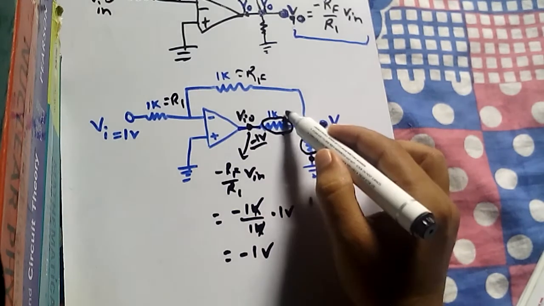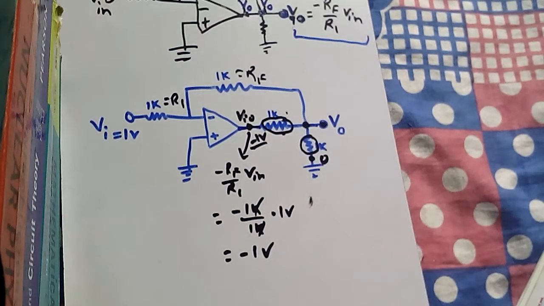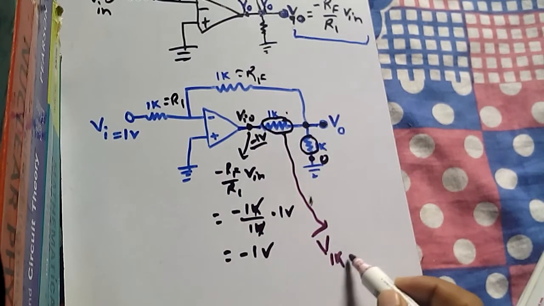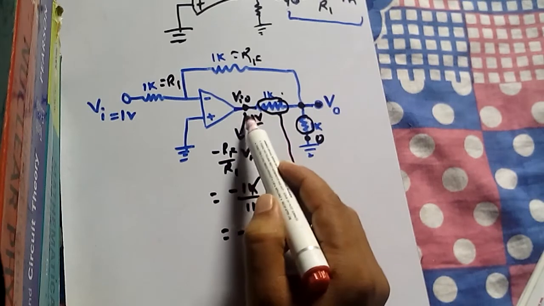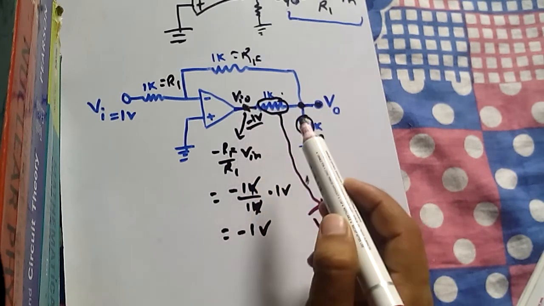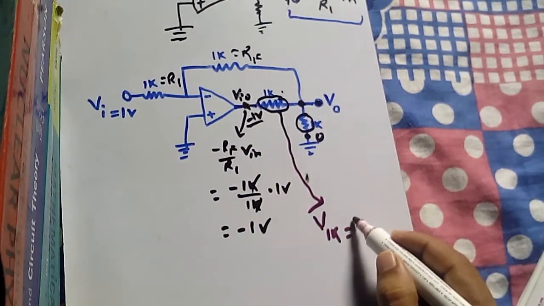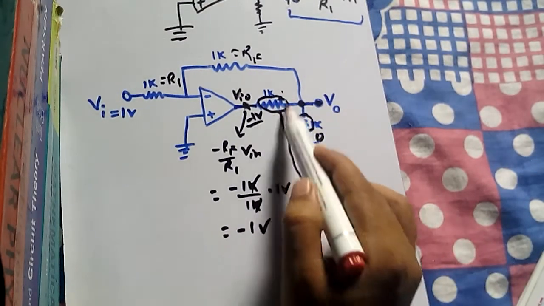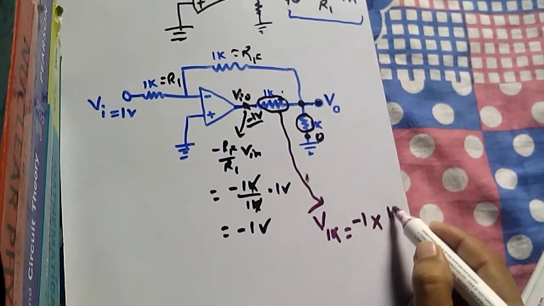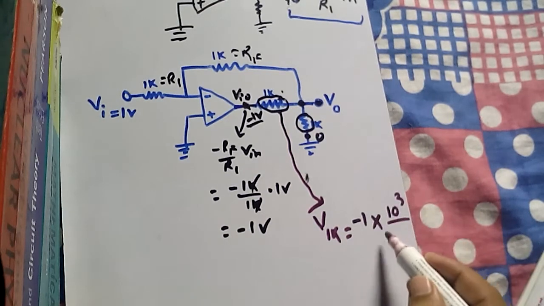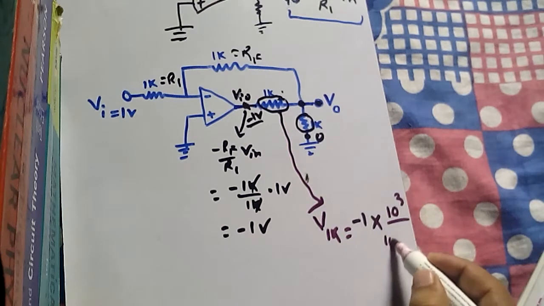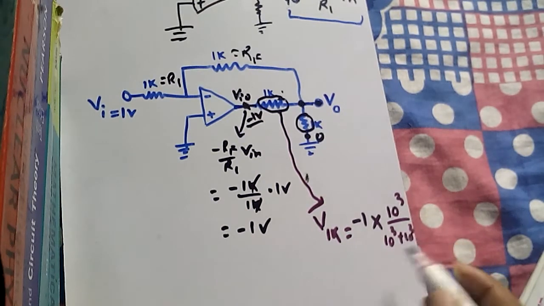The voltage drop across 1K when minus 1 is the EMF is minus 1 times this resistance, 1 times 10 to the power 3, divided by all the resistances added, 10 to the power 3 plus 10 to the power 3.